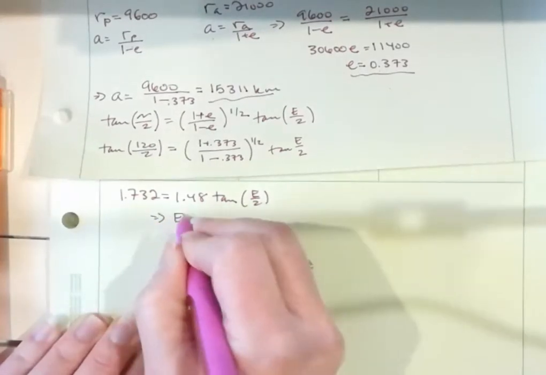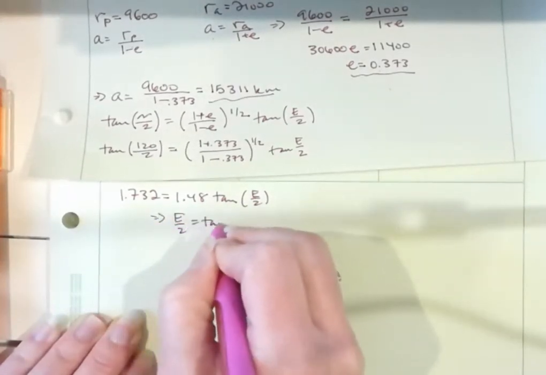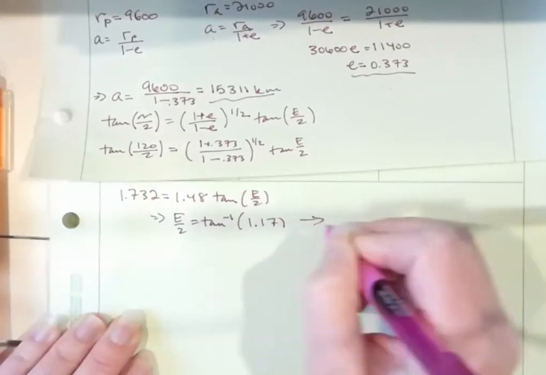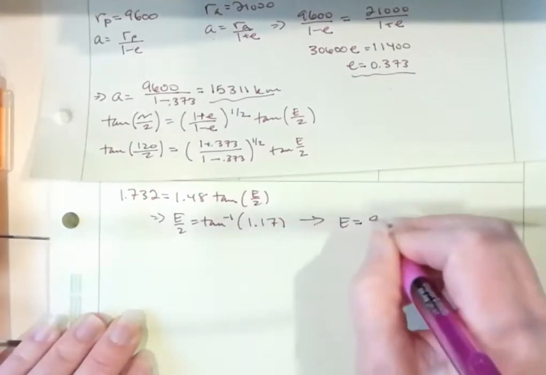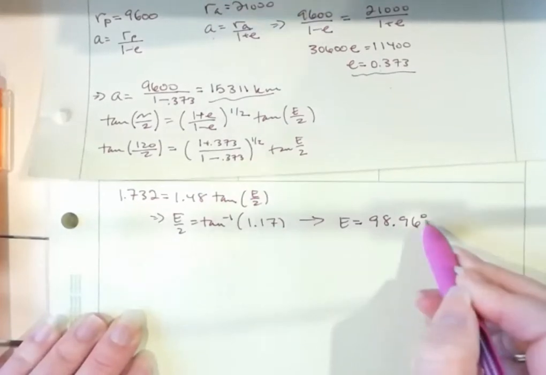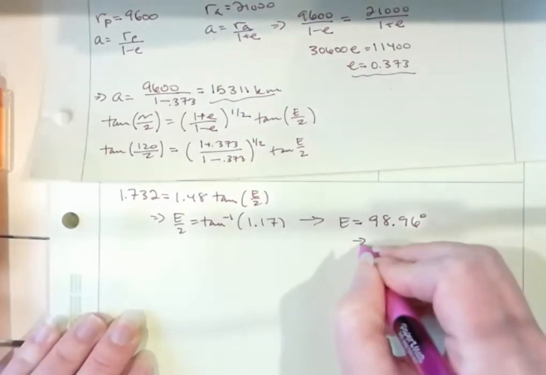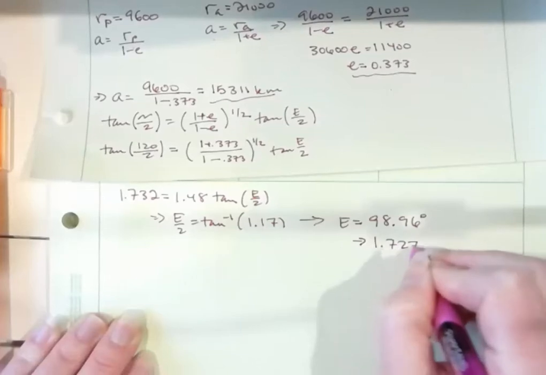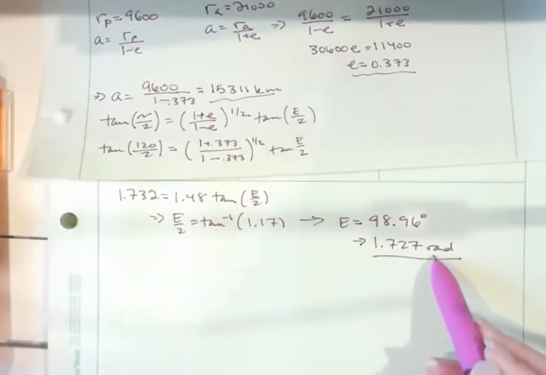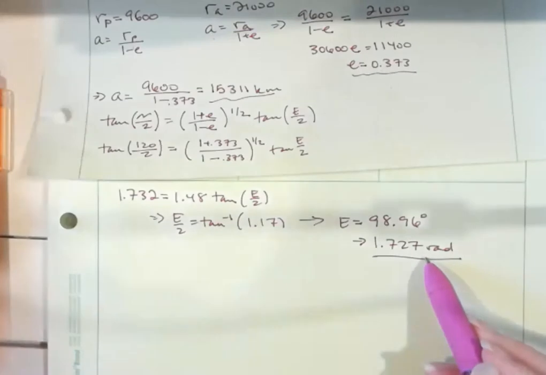So E over 2 ends up being the arc tangent of 1.17. So E then is going to be 98.96 degrees. Now this is in degrees, we need it in radians. So that's going to be 1.727 radians. So that's your eccentric anomaly, okay, at that point.